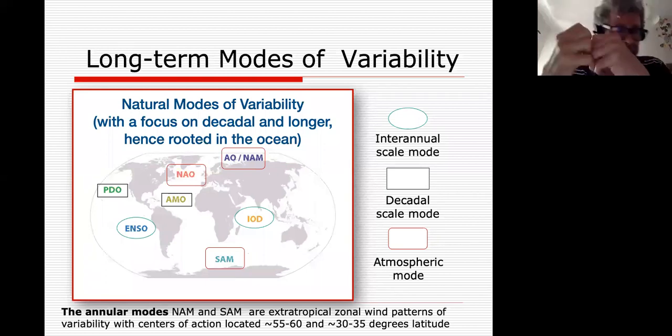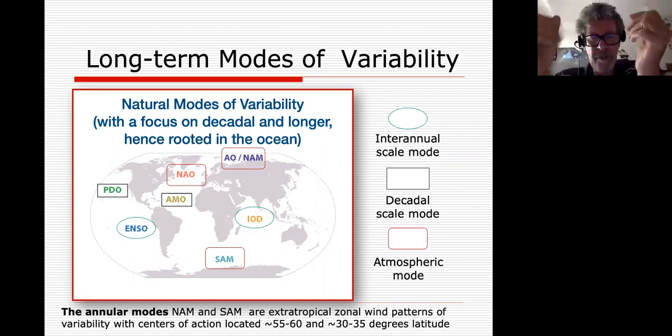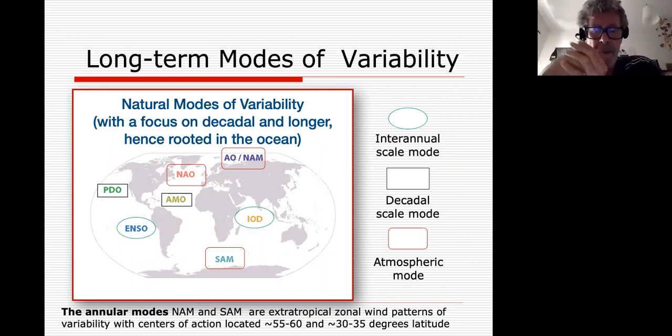So they have a high frequency, a daily frequency, monthly frequency, annual, and even long-term variability. So the two structures in the power spectrum are quite different.